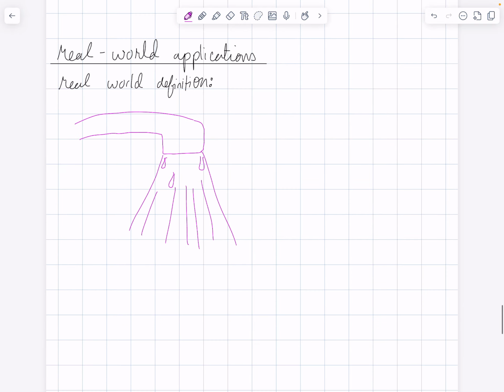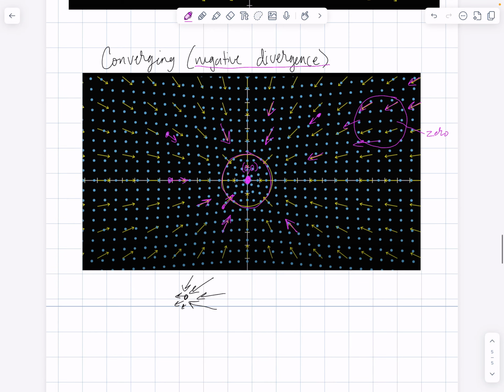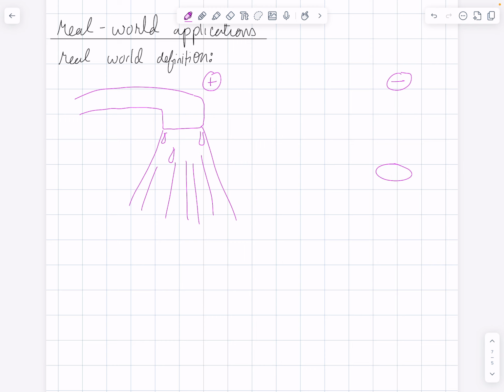And then we might think about negative divergence in a real world application as perhaps the drain in that sink. So all of our water is heading down that drain. It's all converging to that same point. And all of the water here is diverging away from that same point.